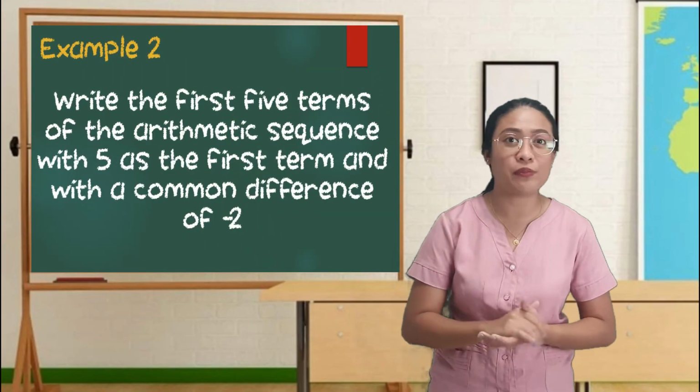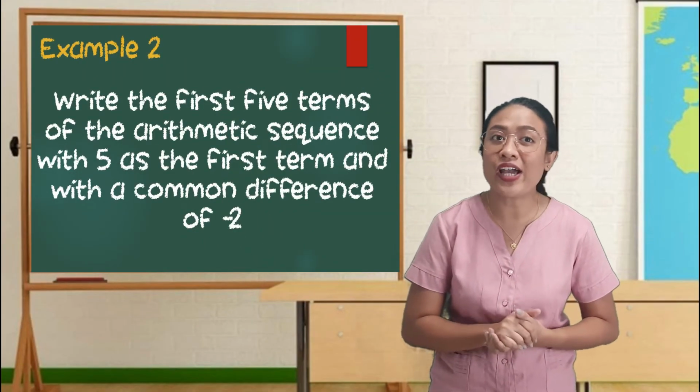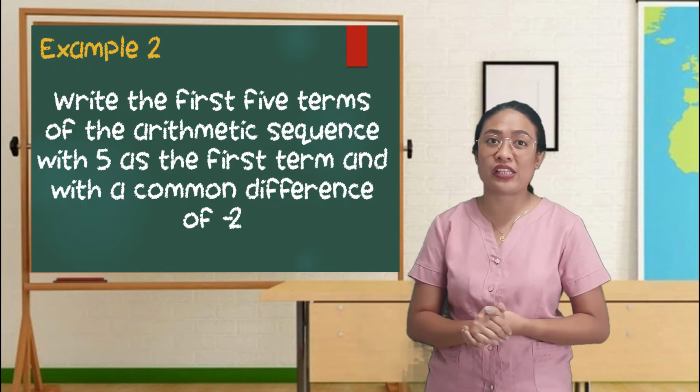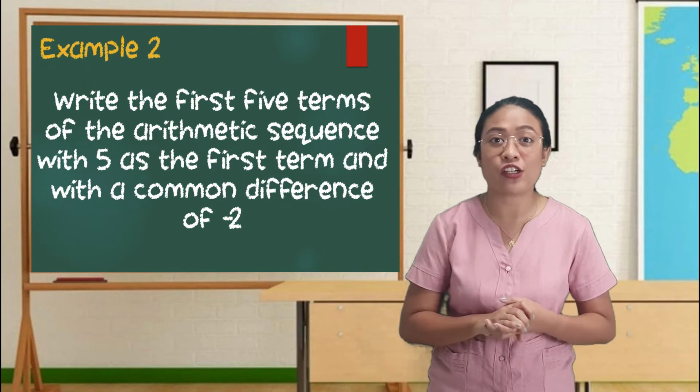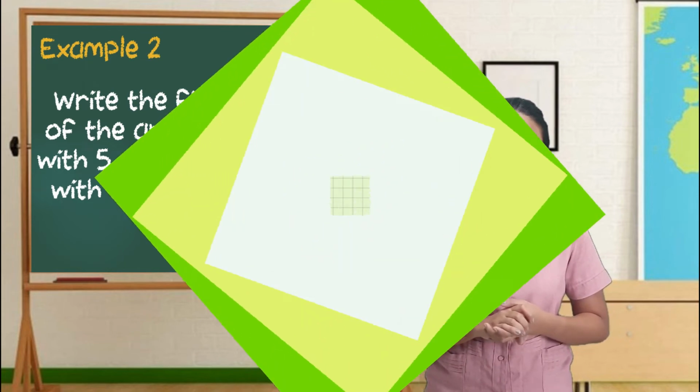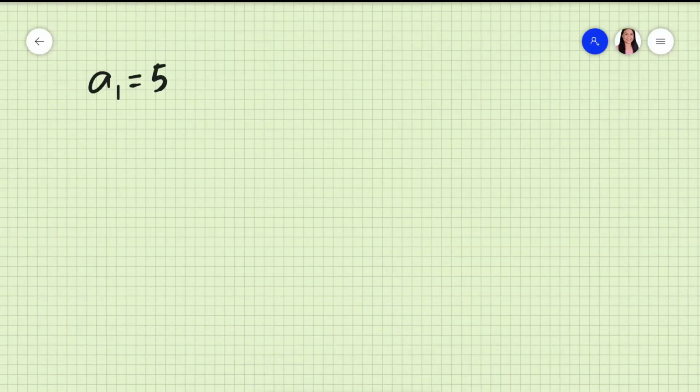Now, for example number 2, write the first 5 terms of the arithmetic sequence with 5 as the first term and with a common difference of -2. For the first term, a sub 1 is equal to 5.